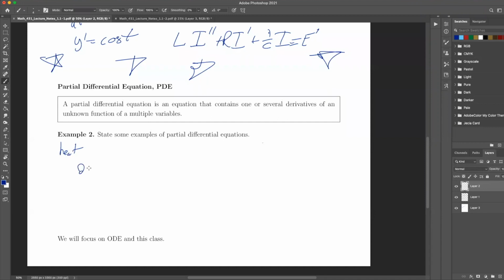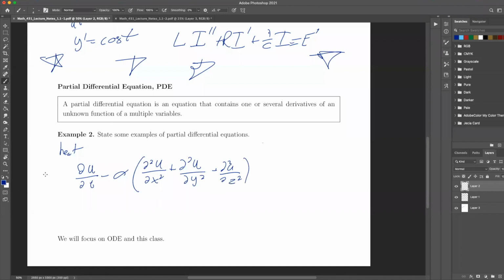If I take the partial of u with respect to time, that equals minus alpha times the second-order partials with respect to x, with respect to y, and with respect to z.